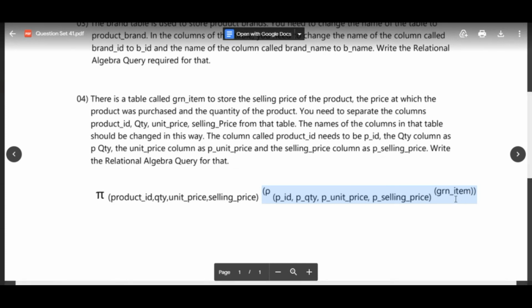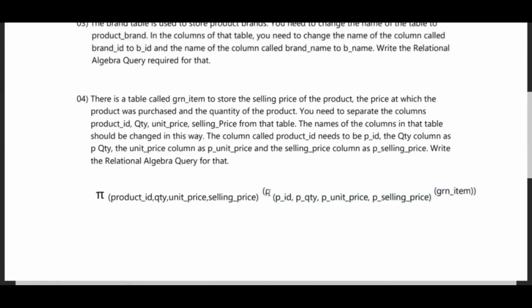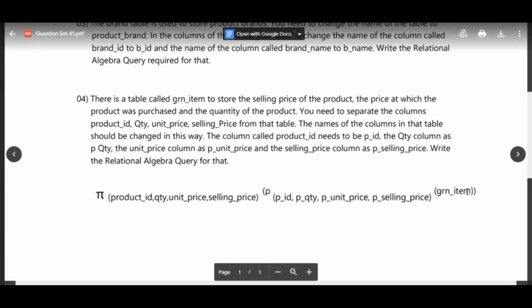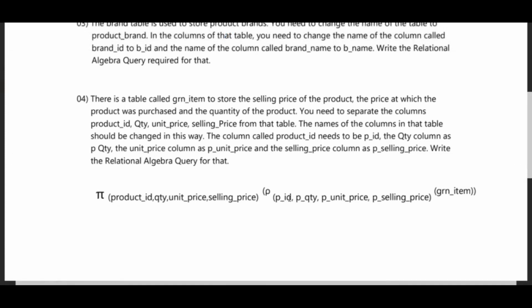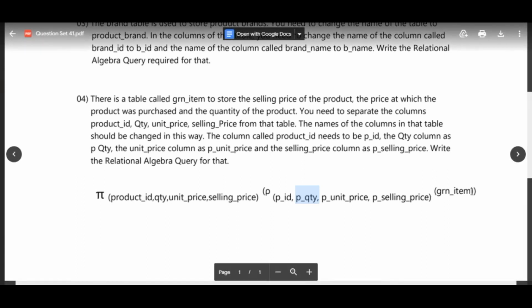Also, they are doing two things: referring to the GRN table, as well as renaming the GRN table's columns, such as product ID to PID, product quantity to PQTY, the unit price column to P unit price, and renaming the selling price column as P selling price. So that's what happened here.